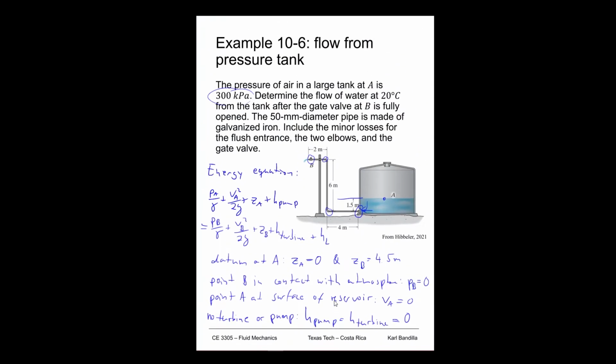So times 300 times 10 to the 3 Pascal. And that was, scroll up just a little bit so we can see our equation, divided by gamma. So we don't have gamma, so we'll do rho times g, so 9.81 meters per second squared, times, what is our rho?